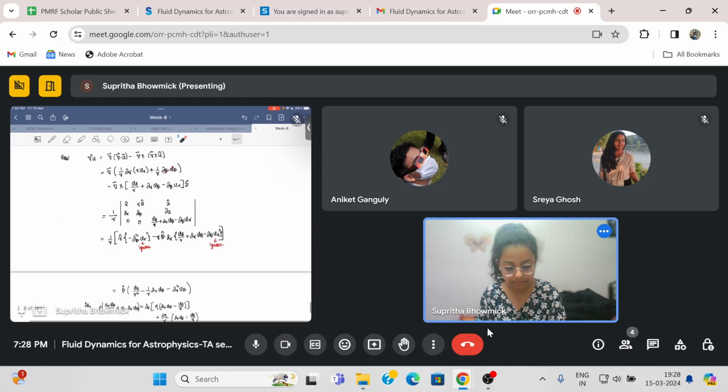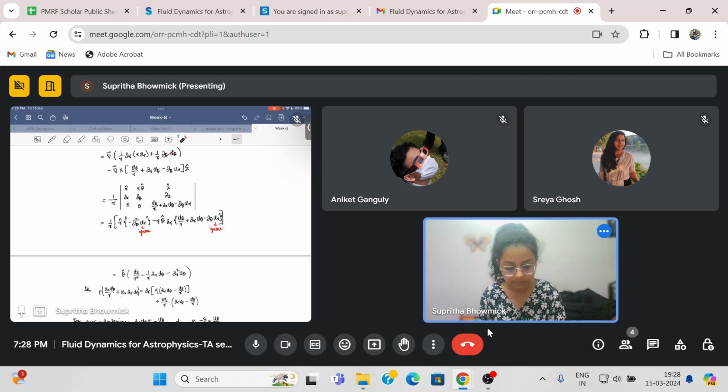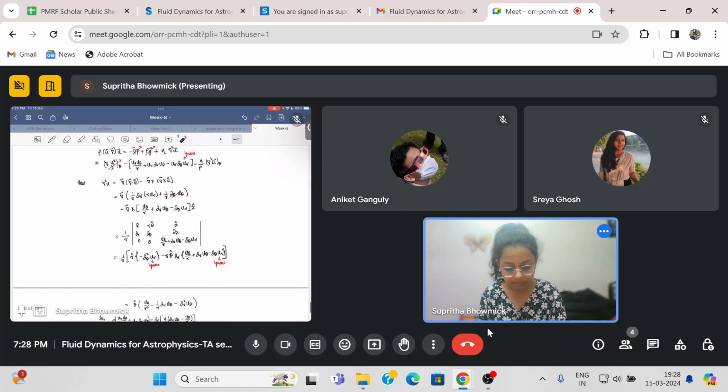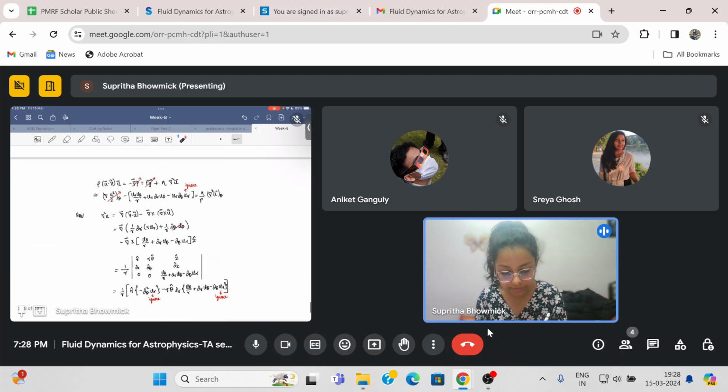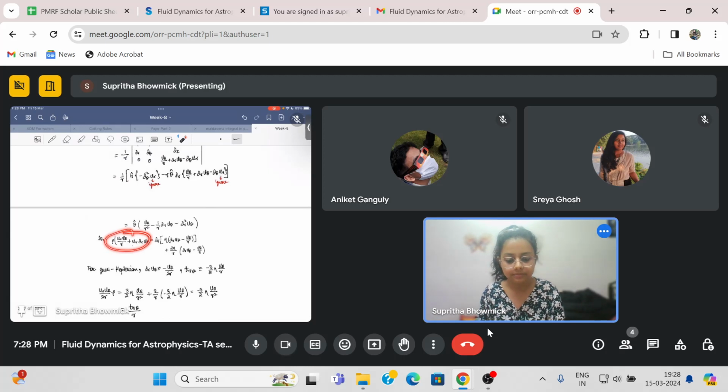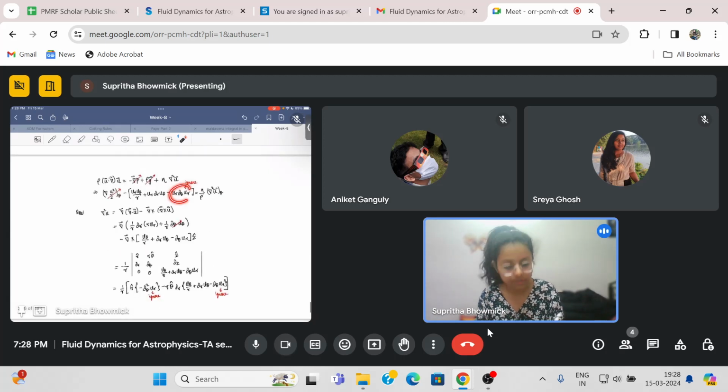Is this clear? Okay, so now the left hand side of the equation, which was rho of u dot grad u, which was basically this, we write this down over here, once again ignoring azimuthal derivative of the radial component of velocity.